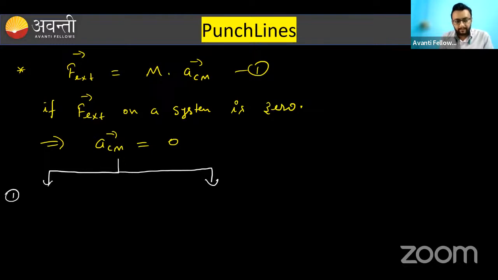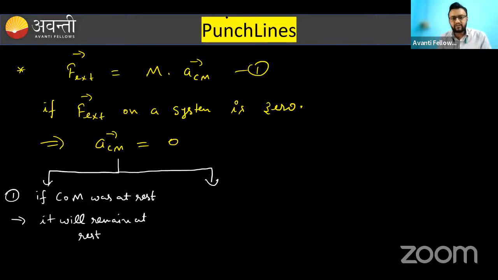First situation is if center of mass was at rest, then it will remain at rest. Is the first thing clear to you? If there is no external force and center of mass was initially at rest, then it will remain at rest because there is no external force acting on the system.